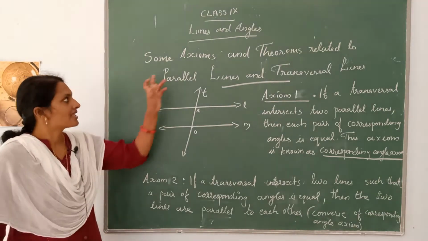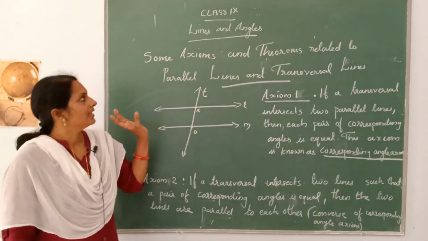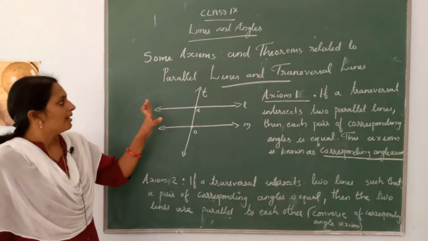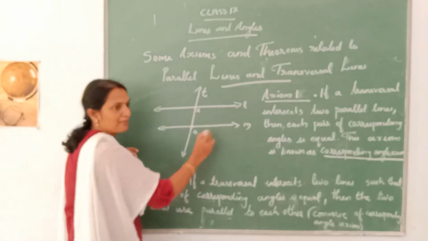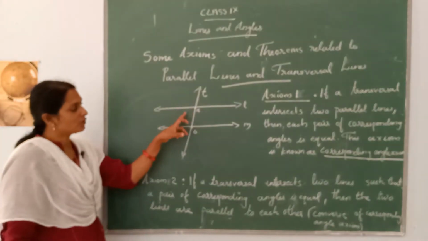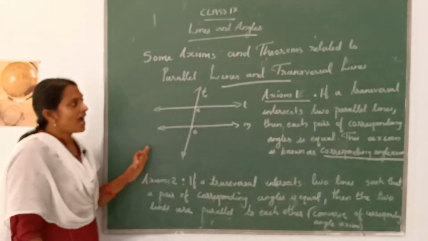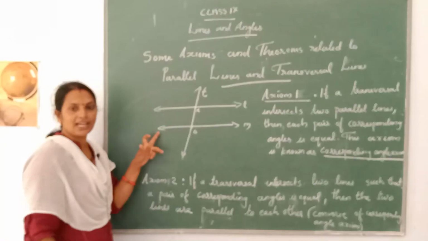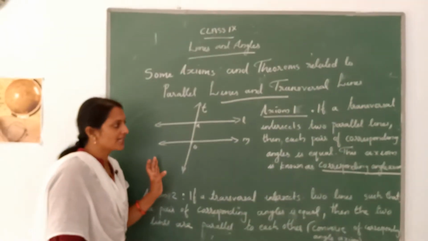Next, some axioms and theorems related to parallel lines and transversal. You know that an axiom means a well-defined statement. Consider two parallel lines L and M, and take T as the transversal that cuts the two lines at distinct points N and O. Axiom 1 says that if a transversal intersects two parallel lines, then each pair of corresponding angles is equal.